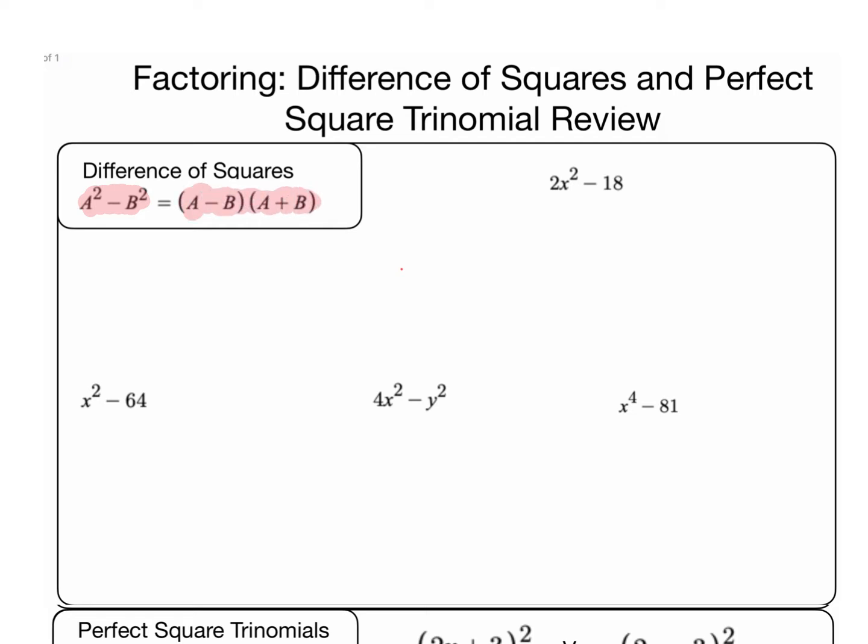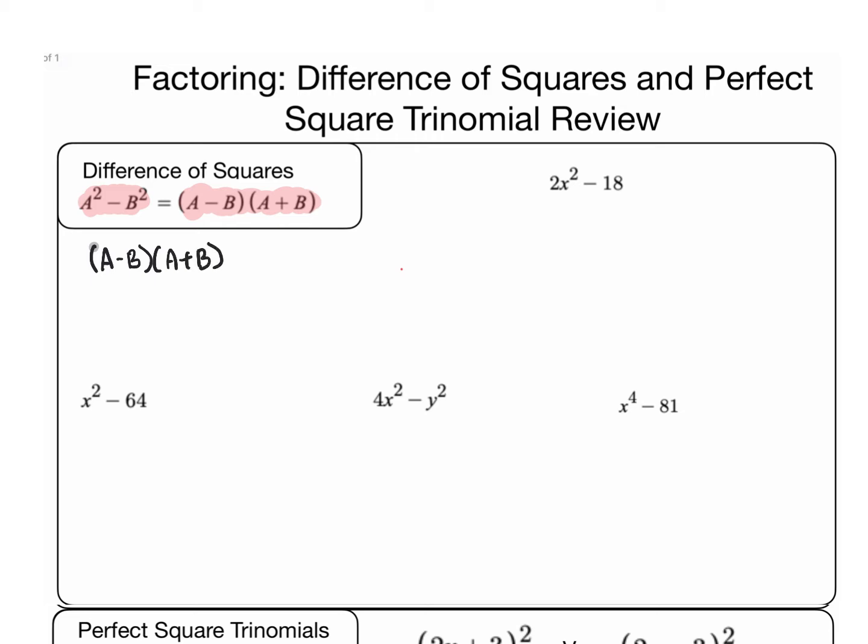So why does that work? Let's take the right-hand side, for example, which gives me a minus b times a plus b.